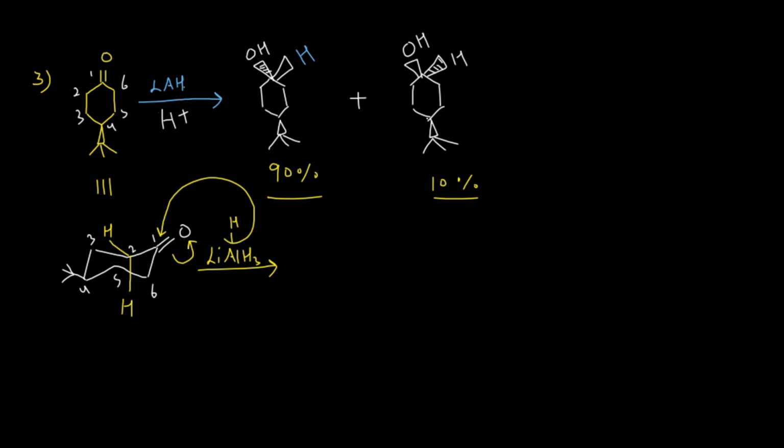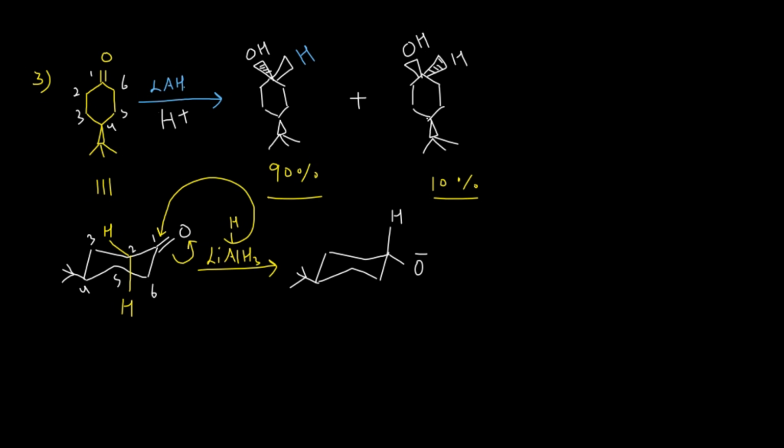So it can attack from the top. When there is no steric hindrance here, this will come here and this will go there. Then the hydride is attacking from the top and pushing the O negative here, just like that. There is no problem in that.